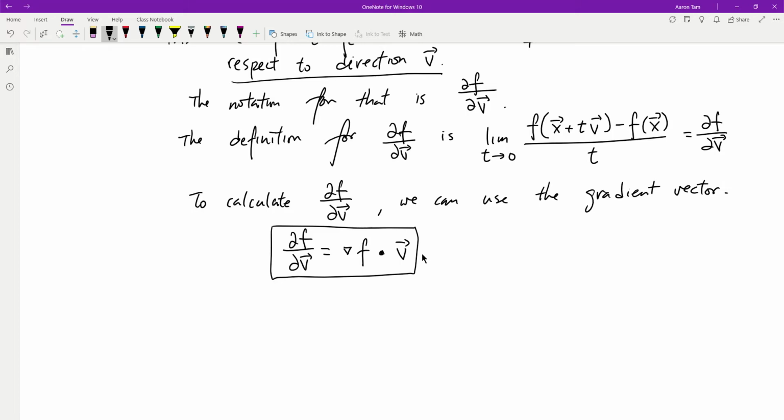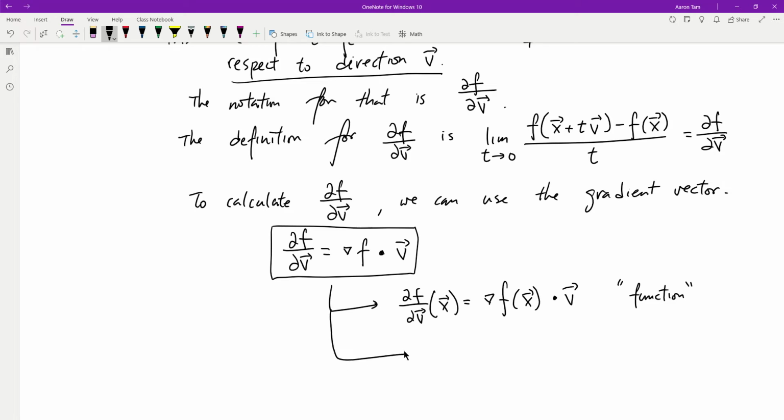Now, as with any other formula, make sure you understand the differences between these two things. One of them is df over d vector v of vector x, which equals the gradient of f of vector x dot product vector v. So this becomes a function.